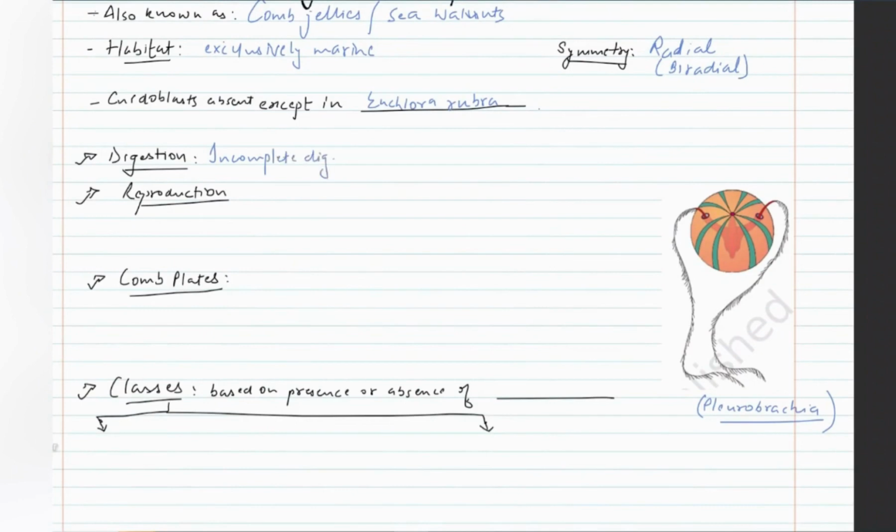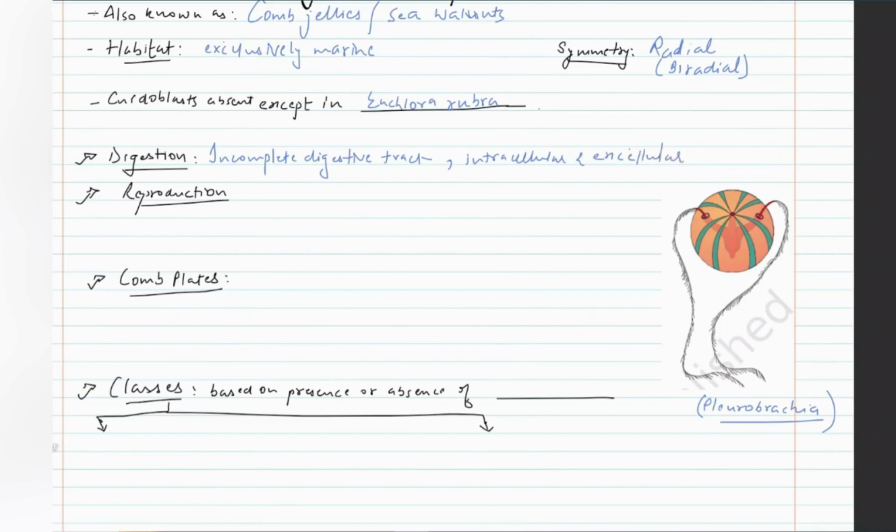Incomplete digestive tract means that there is only a single opening which acts as both mouth and anus, and digestion is both intracellular as well as extracellular, which is similar to phylum Coelenterata.